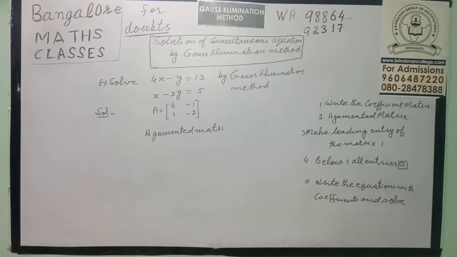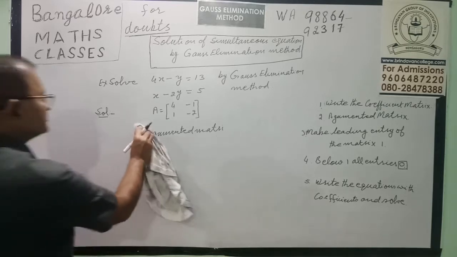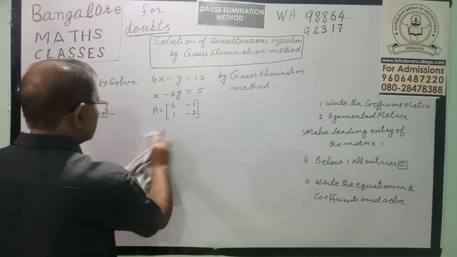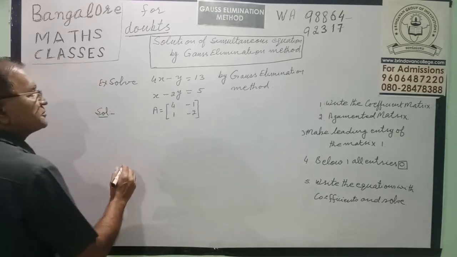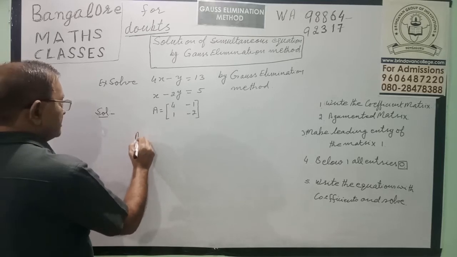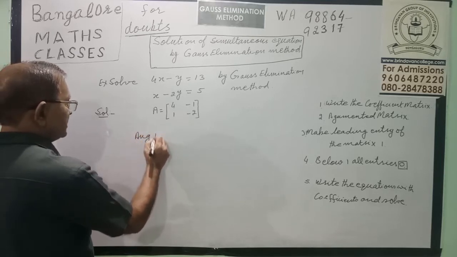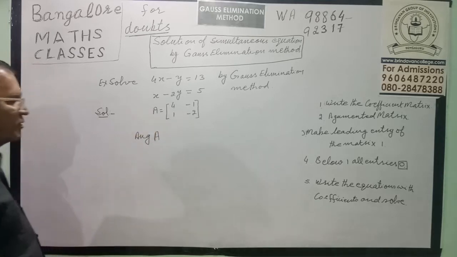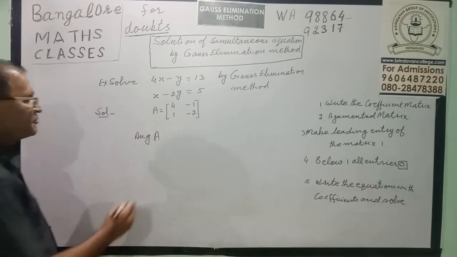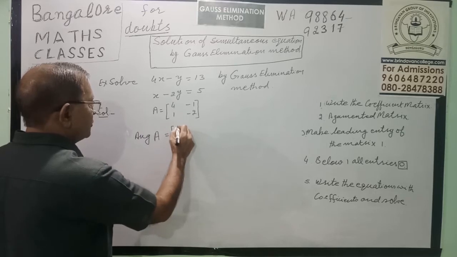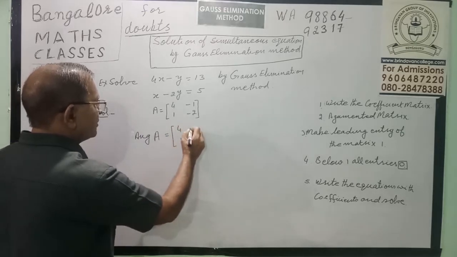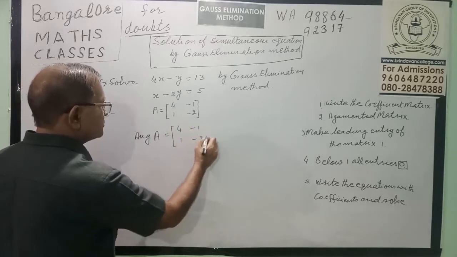You directly write the matrix. Augmented matrix of A equals 4, 1, minus 1, minus 2.